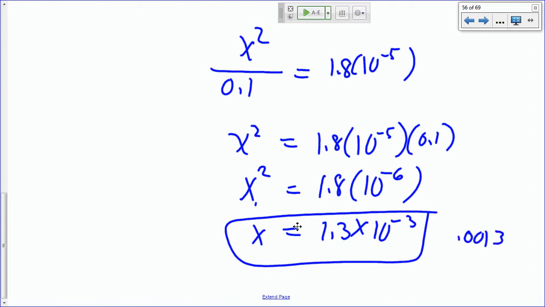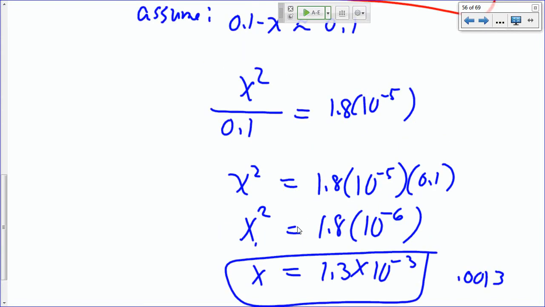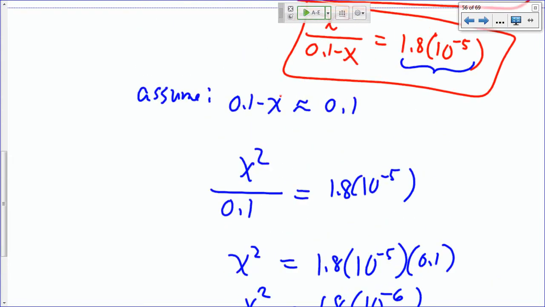Is that negligible compared to 0.1? Compare this one, 0.0013, and this is 0.100, right? So this is 0.100 minus 0.0013. How much error am I making by making that assumption? My error would be over here in the third decimal place, right?